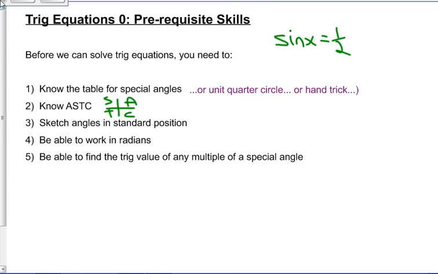Be able to sketch angles in standard position, which means we start from the positive x-axis. We need to be able to work in radians, and while it's true that we could solve equations in degrees, typically in higher mathematics we're working in radian measure. And finally, be able to find the trig value of any multiple of a special angle. We'll look at what those special angles are right now.